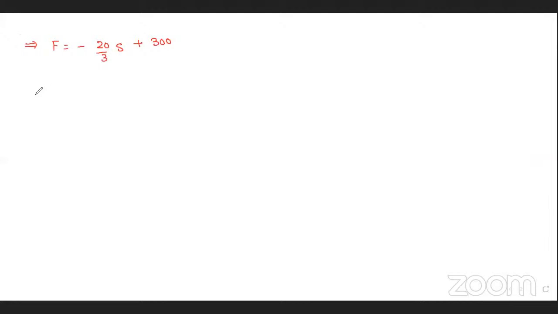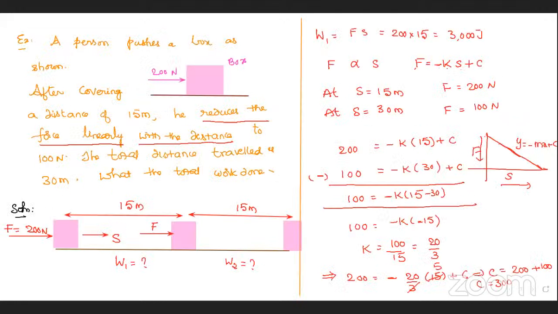Since the force is varying with the displacement, the work done in the second part, W2, is, since it is variable, you go through the integration, F dot ds. Look at the force and the displacement here: are both in the same direction or not?